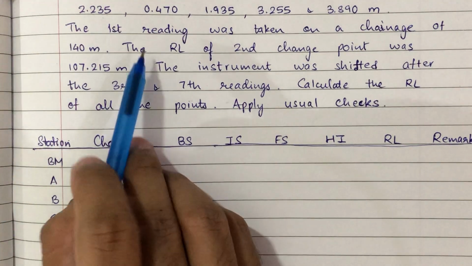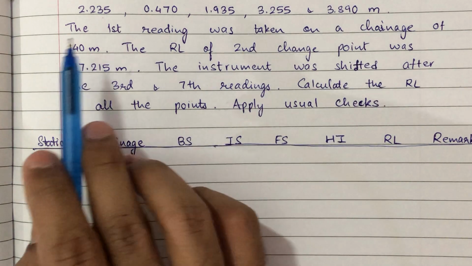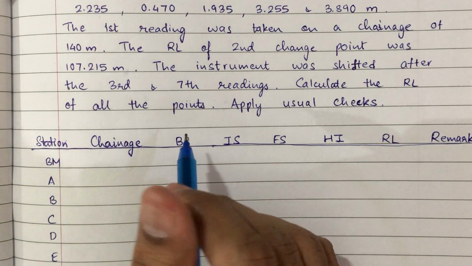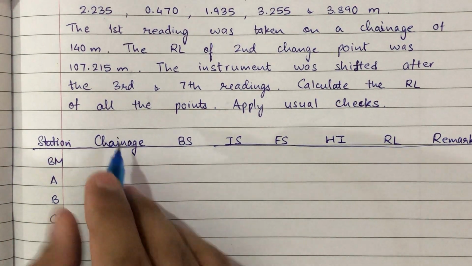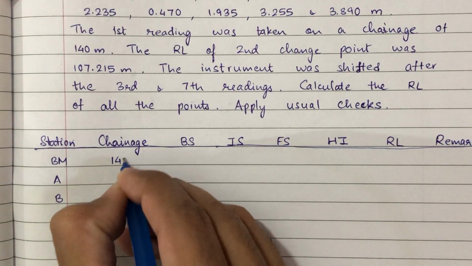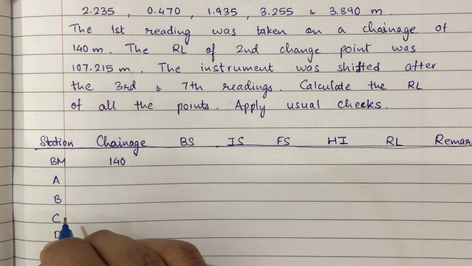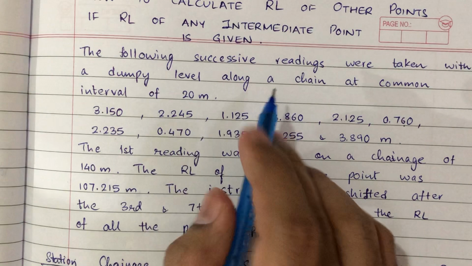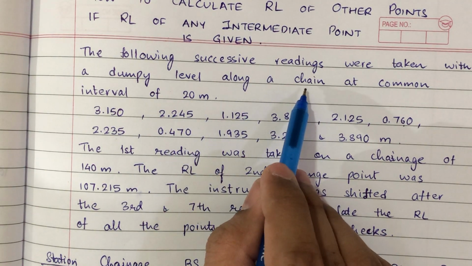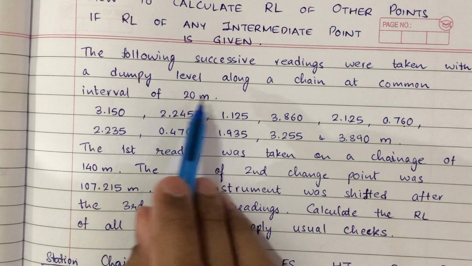Now chainage. We can see from this, the first reading was taken at a chainage of 140 meters. And it is saying that the chain is at a common interval of 20 meters.